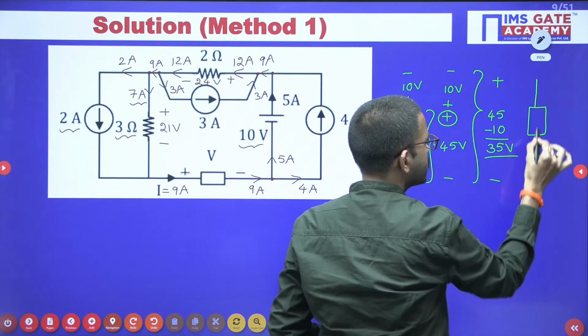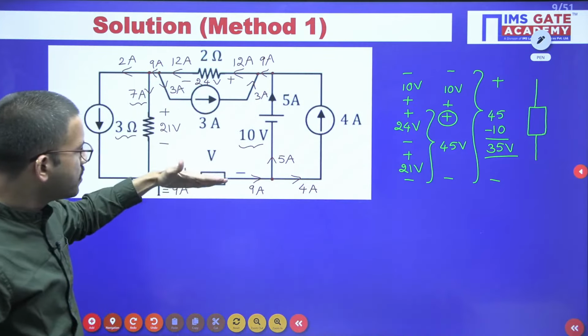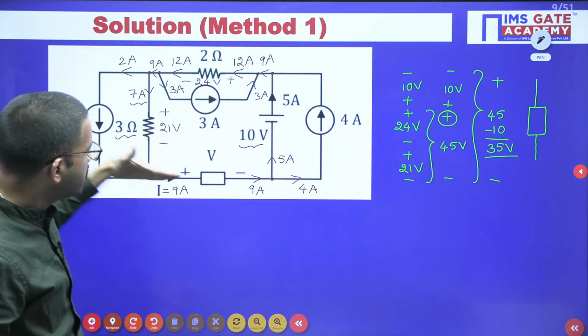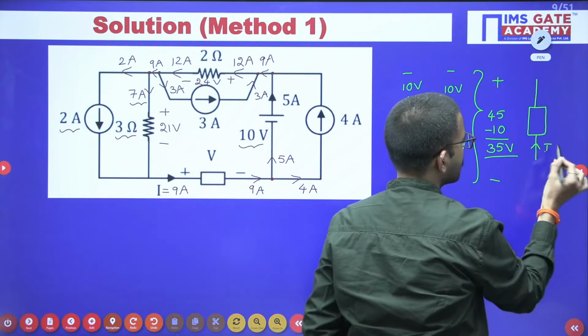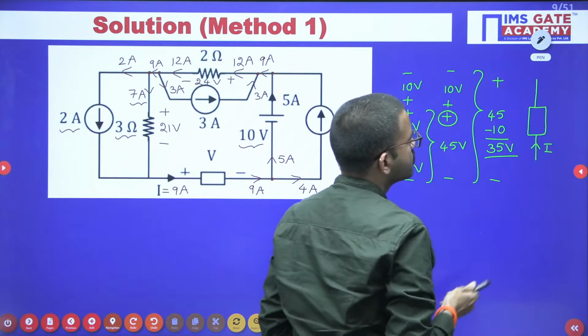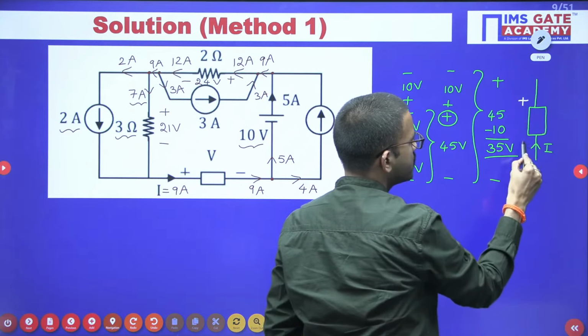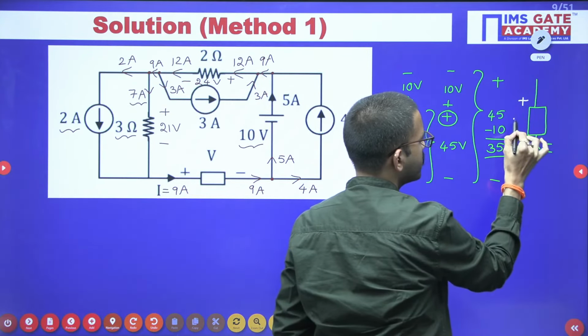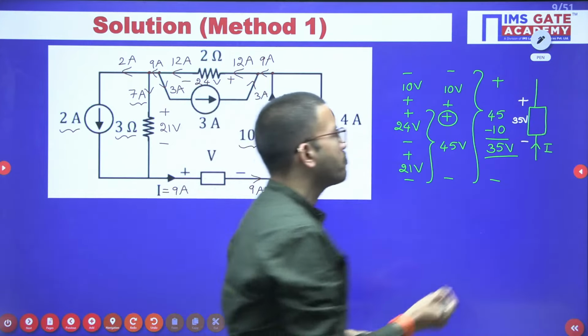And the moment when you have kept this element like this, current is entering like this, right? Now just observe. Here you got voltage polarities plus minus 35 volts.